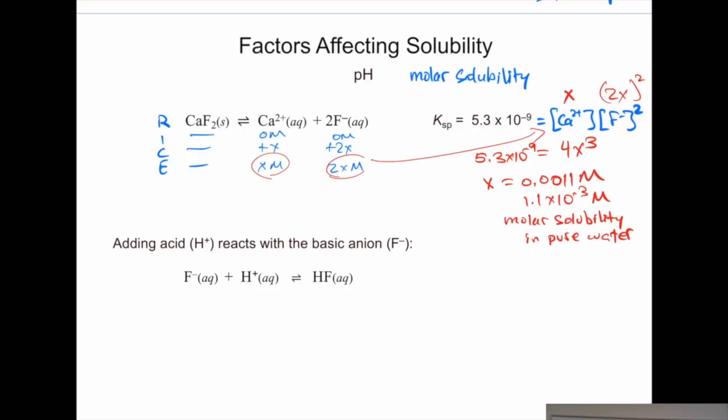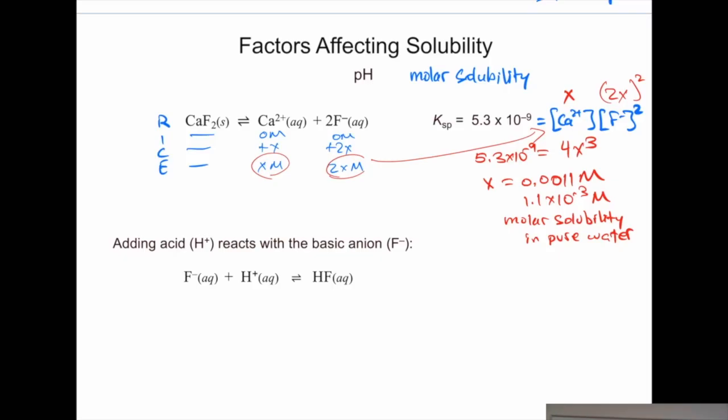But now let's add some acid to it. See what happens. Now in this case, it's not just any old acid, right? We're going to be doing this by the common ion effect. If we take hydrogen fluoride, well, we're not going to take it, right? Actually, this is true for any acid. I take that back. This is true for any acid.